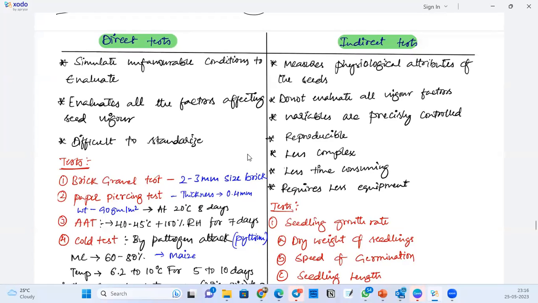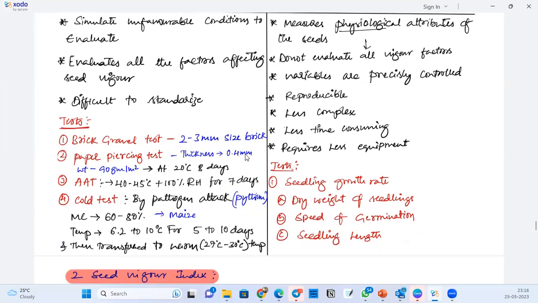But in case of indirect tests, we just measure the physiological attributes of the seed. We do not give direct stress to it; we just see what physiological changes are occurring in the seeds. Okay, so this is the difference between direct and indirect tests. Paper piercing is one of the same kind, where the seeds are sown and papers are kept above them. If the seedlings can pierce the paper and come out, then they are highly vigorous. This is how they are considered.